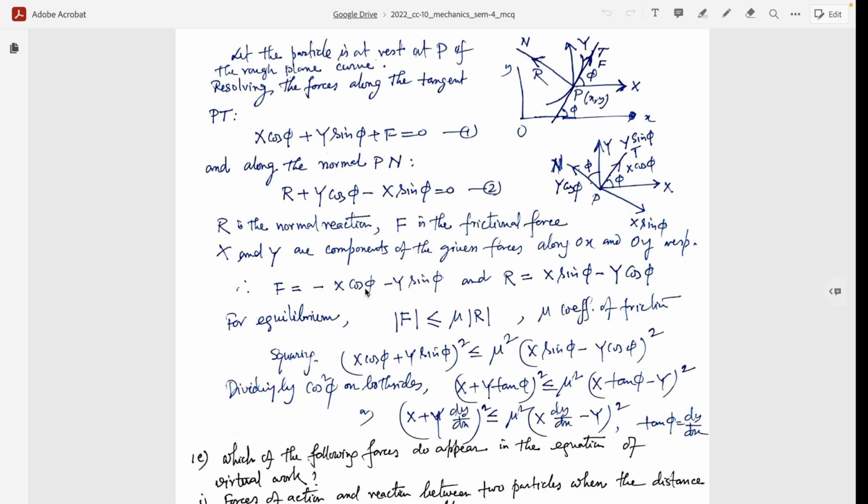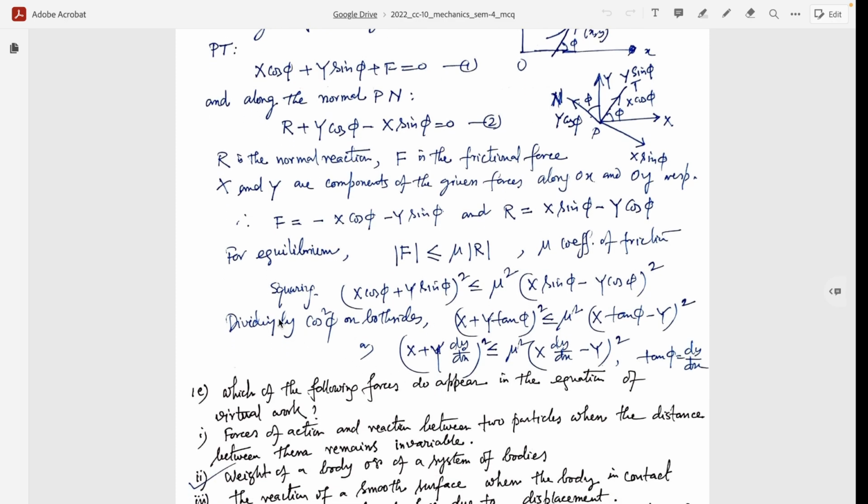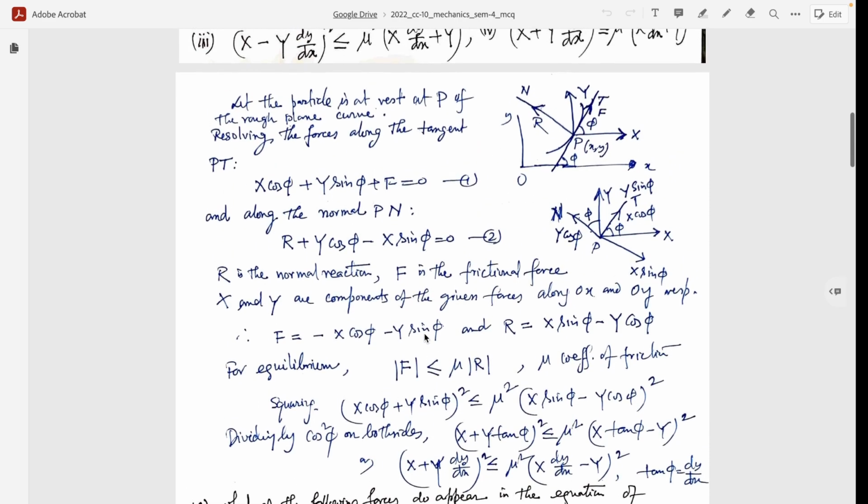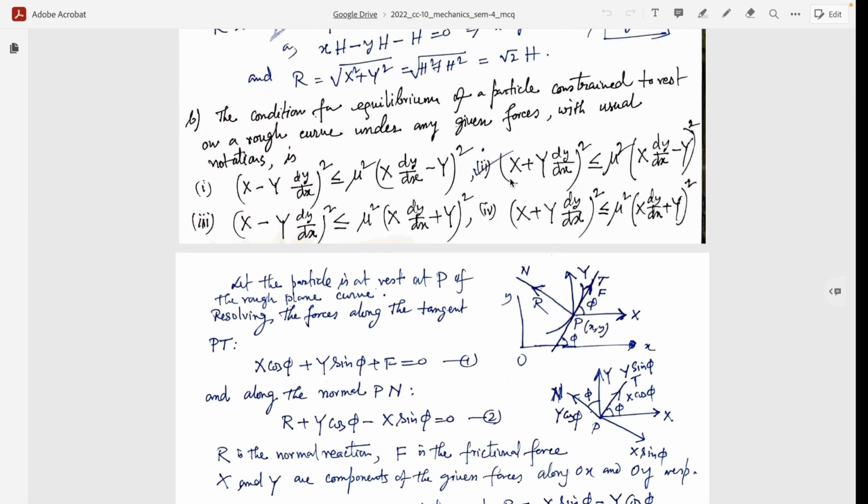Putting the values of F square and R square, and dividing by cos square phi on both sides, we get (X plus Y tan phi) whole square less than or equal to mu square (X tan phi minus Y) whole square. And also dy/dx equals tan phi. Putting this value, we get the result. The correct option is 2.